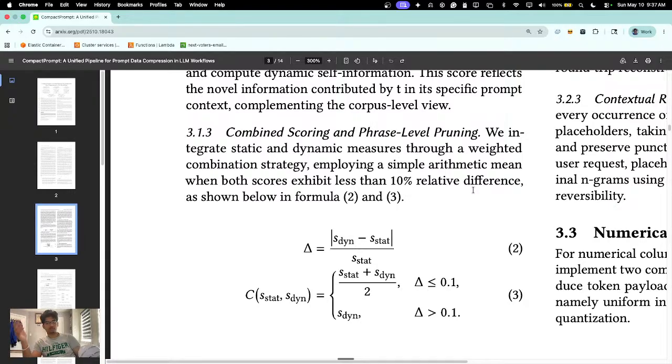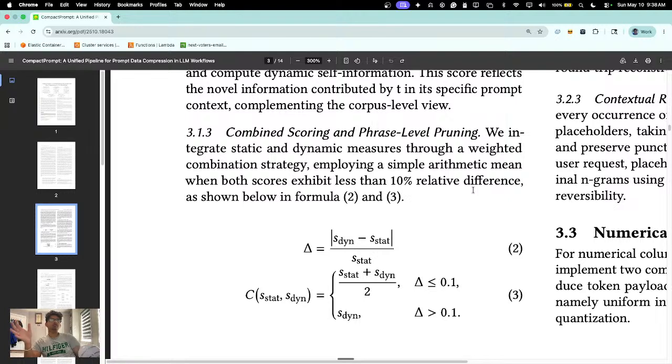It's just a natural thing that occurs in mathematics, having noise, random variances. Now, to lower these noises, if you use the combination of both scores in terms of an arithmetic mean, you'll be able to cancel out some common shared noise between those two scores. And this will allow you to have a more accurate and reflective score for your self-information. So that's the reasoning behind using the arithmetic mean.